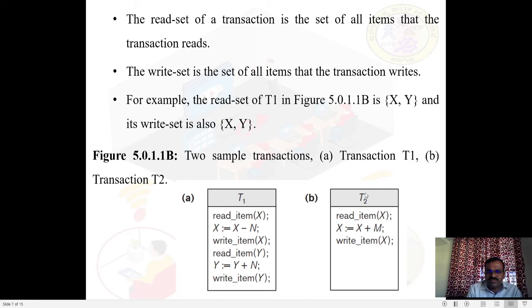And in transaction T2, read_item(X), X = X + M, write_item(X).